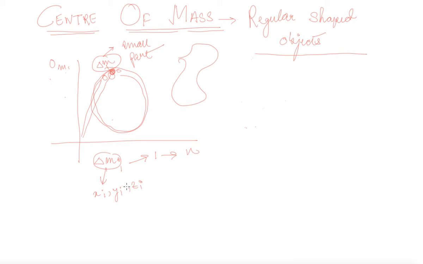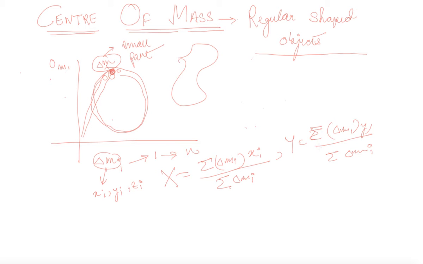Therefore the center of mass, according to the formula that we know, is equal to the summation of del mi into xi, where xi is the position of del m, divided by the summation of del mi. Similarly, y can be written as the summation of del mi yi over the summation of del mi. Similarly, z can also be written in such a way.